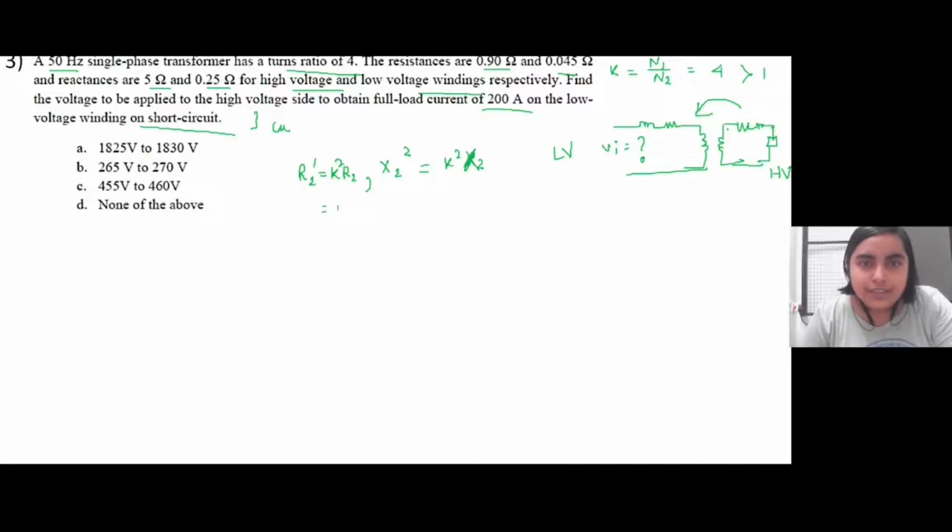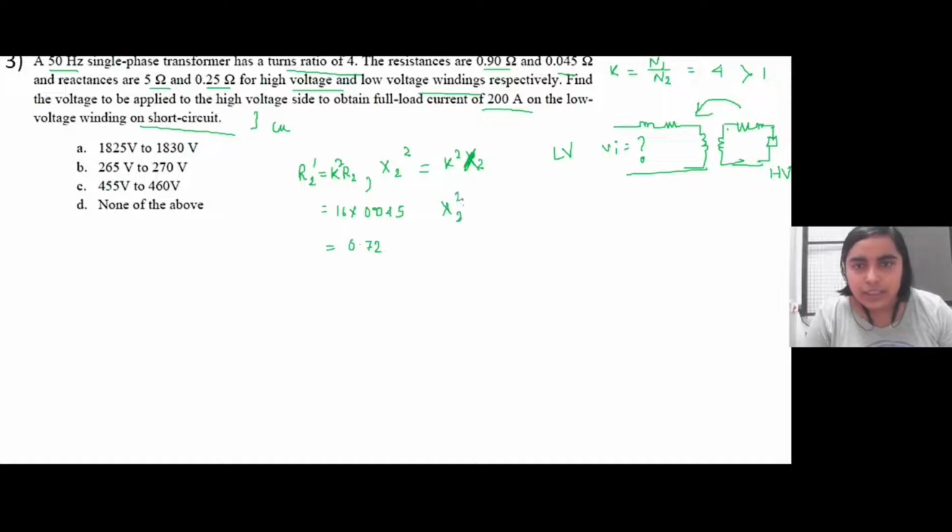So K square is 16 into R2, which is given as 0.045. So R2 dash will be 16 into 0.045, which is 0.72.